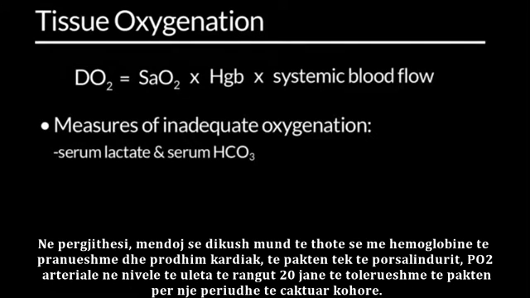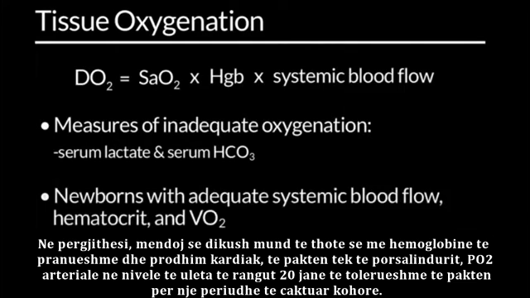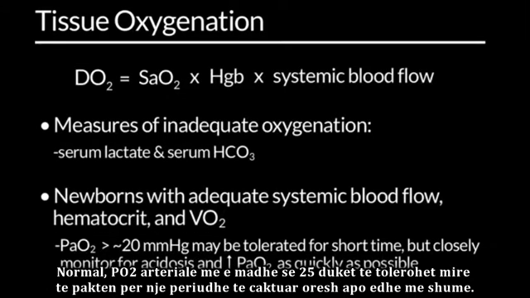In general, I think one could say that with acceptable hemoglobin and cardiac output, at least in newborn babies, arterial PO2s in the low 20 range are tolerated at least for some period of time, and certainly arterial PO2s of greater than 25 seem to be well tolerated for at least some period of hours or perhaps even longer.